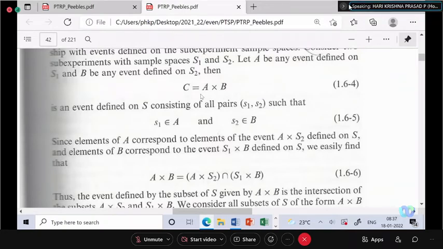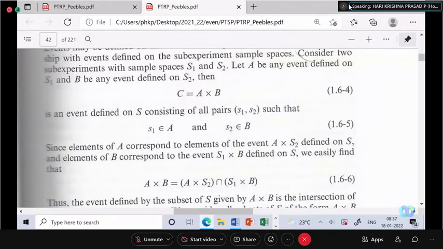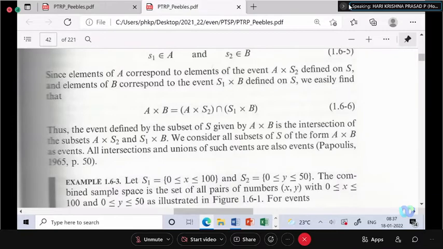What does it mean? Small s1 is an element of A, and small s2 is an element of capital B, because A is defined over sample space S1, B is defined over sample space S2. Now this A cross B is an event in which A cross S2 intersection with S1 cross B. A cross S2 is an ordered pair.